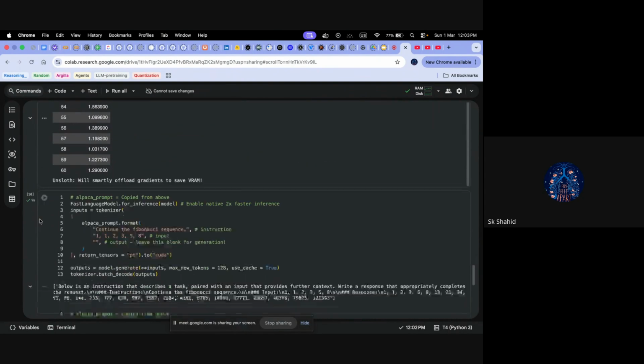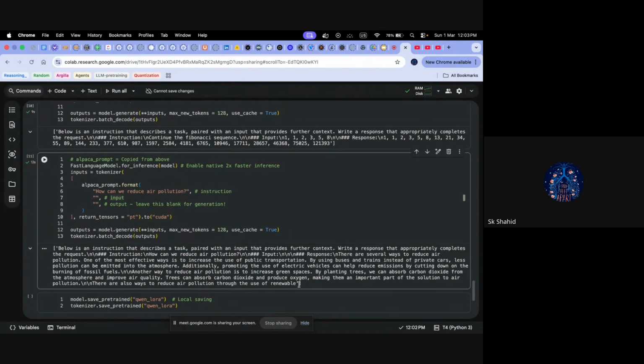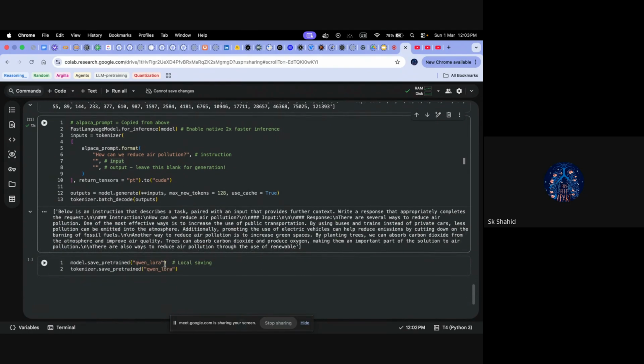So here we can say the model is using its own knowledge, and also it has traceability back to the fine-tuning knowledge. Now, I think that's it. The model has done the inference. You can do pre-training and all.